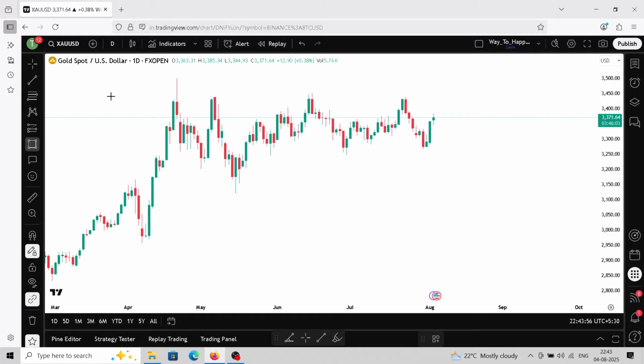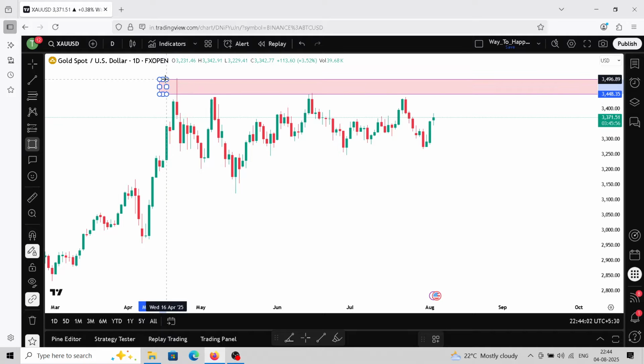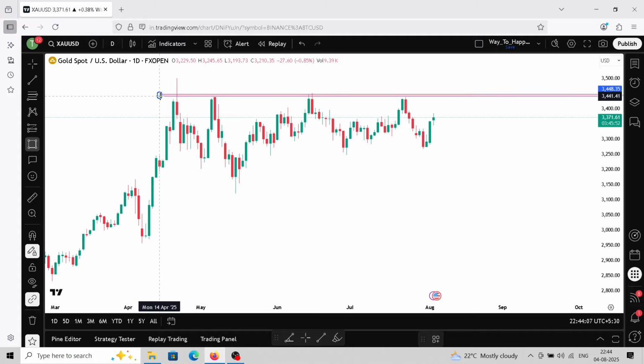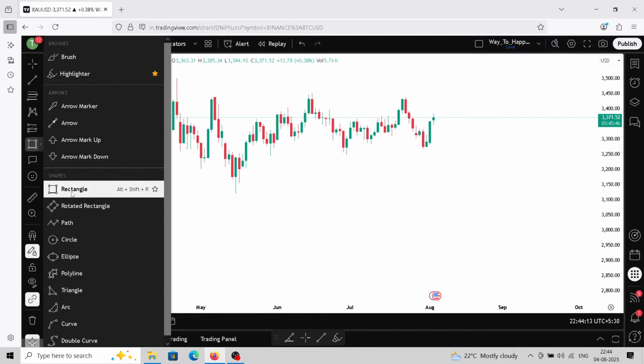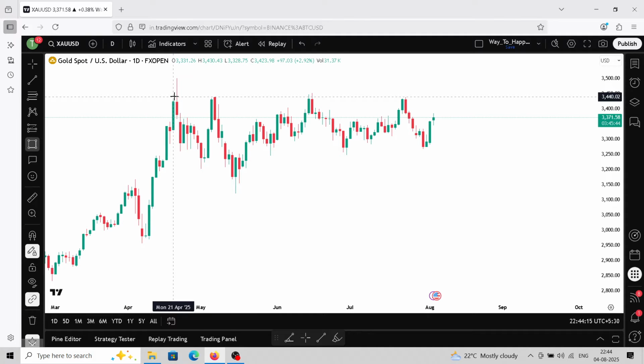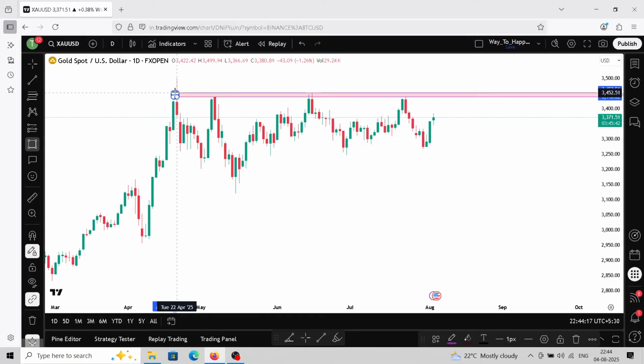As usual, on a traditional method, let's draw the support and resistance. So if you see, my support and resistance is going to be from here to here. My resistance is this.